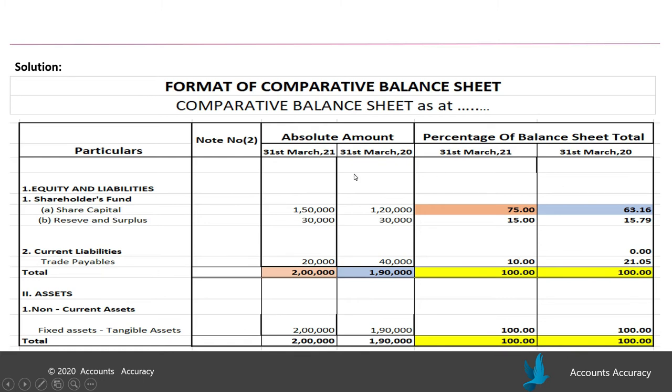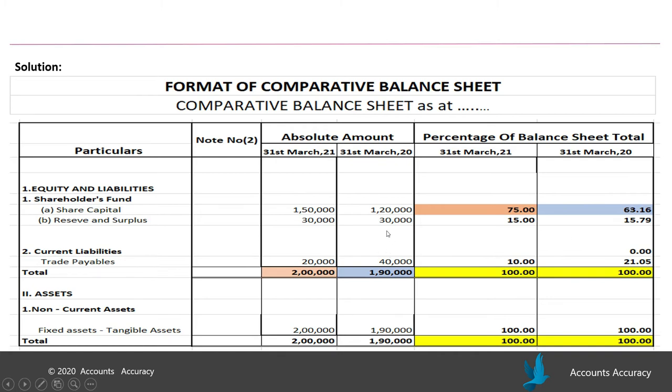Now for the next year, that is 2020, you will do the same way. 1,20,000 divided by 1,90,000, because the total of the 2020 liability column is 1,90,000. So this total will be kept as base. So 1,20,000 divided by 1,90,000 into 100, you will get 63.16.